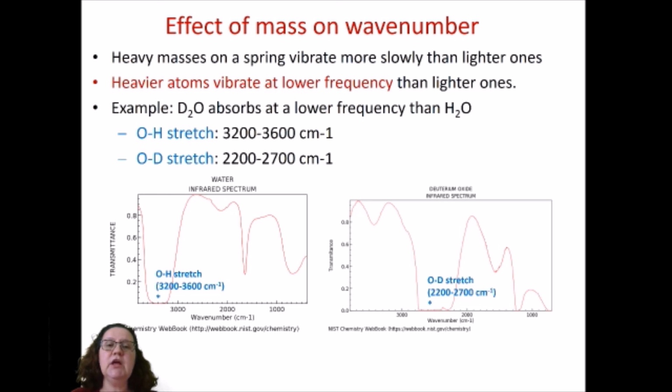So for example, if you compare the infrared spectrum of deuterated water with normal water, you will see that the band that corresponds to the oxygen-hydrogen bond, or the oxygen-deuterium bond, in the case of deuterium, with a heavier mass, that band appears at a considerably lower frequency.